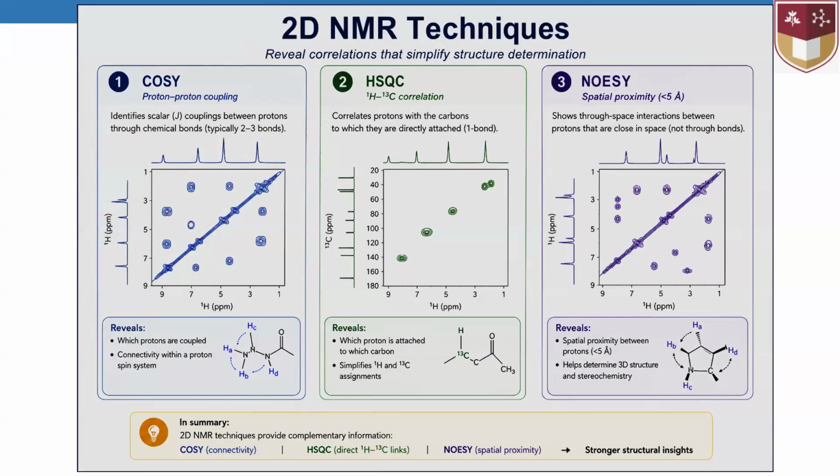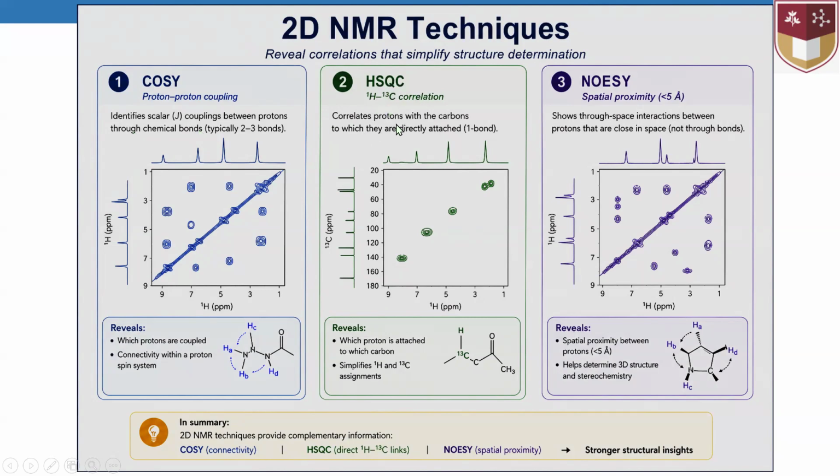So far, more updated versions of NMR spectroscopy have been produced. One of them is COSY. COSY produces proton-proton coupling effect. It identifies scalar J coupling between protons through chemical bonds. And another type is termed HSQC NMR.